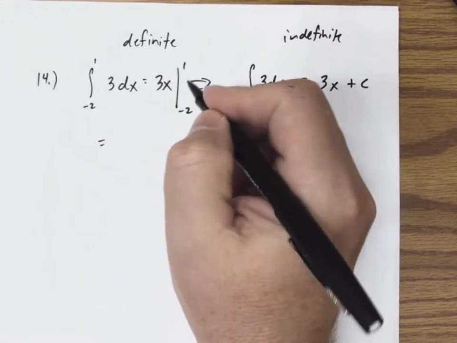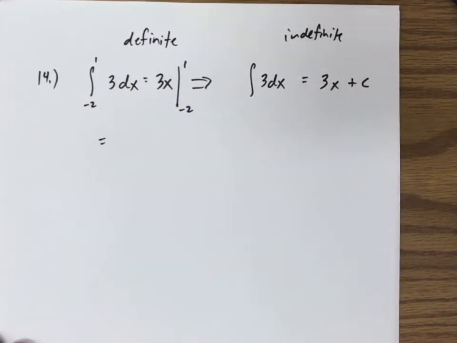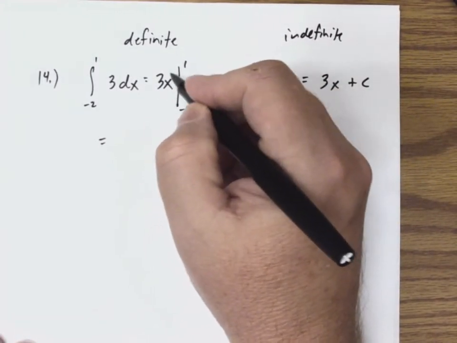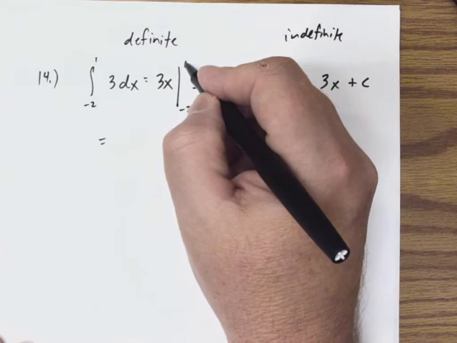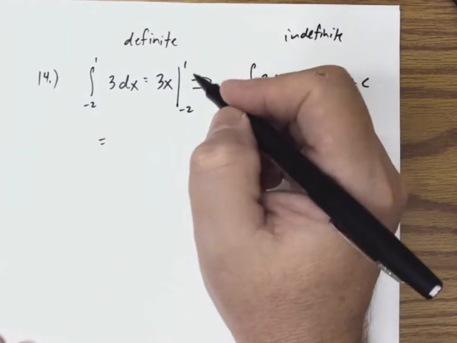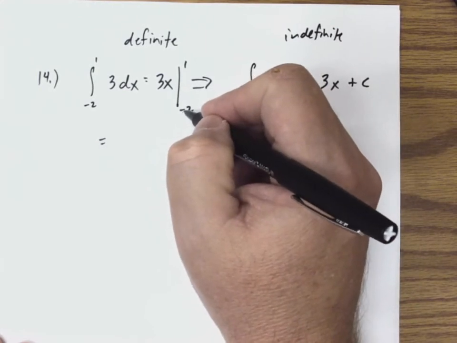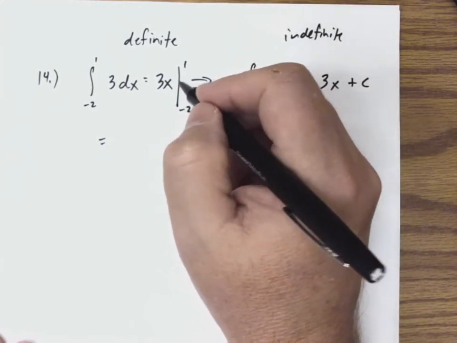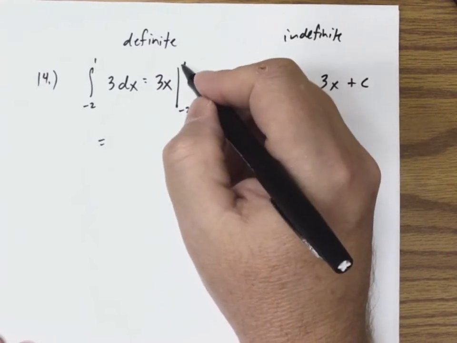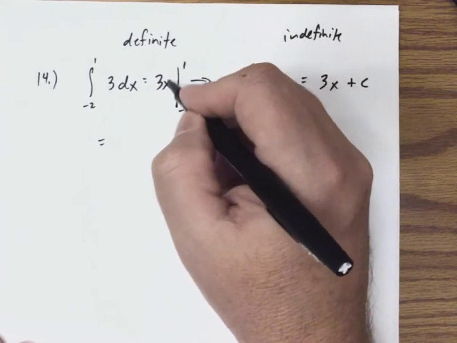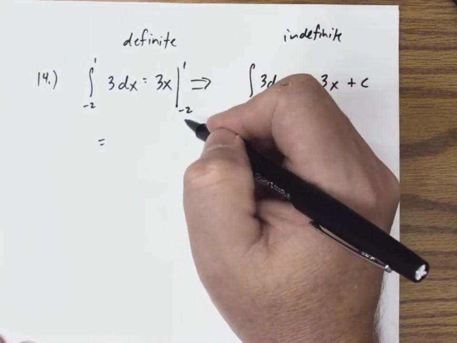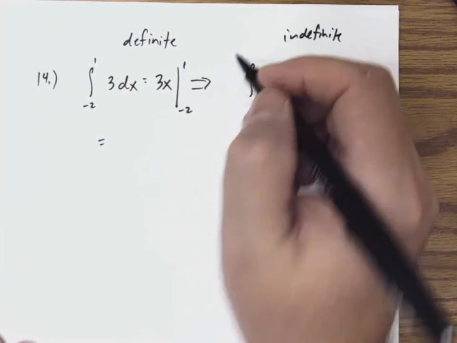And now what this represents is basically, here's what we're going to do. This says, take your answer, your expression, put in 1 for all the x's, and then you subtract, you put in -2 for all the x's. So it's almost like the top subtract the bottom. Where the top is you plug that number in for x, and whatever that is, you subtract whatever you get when you plug in -2 for x.